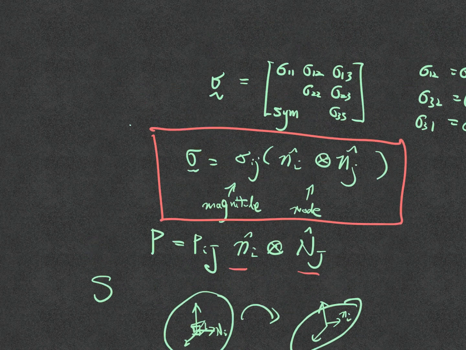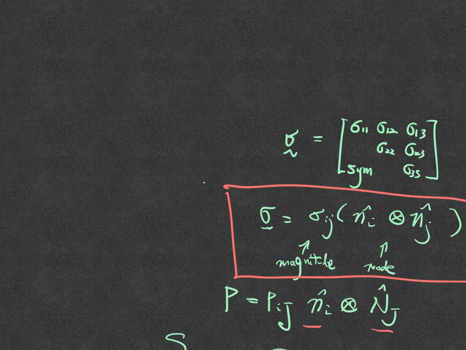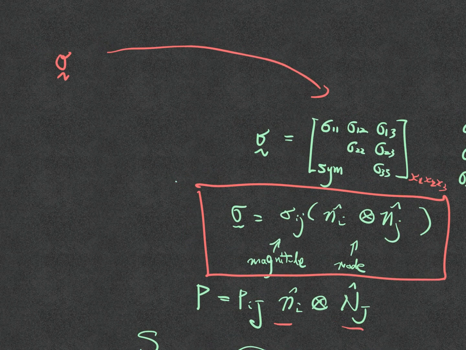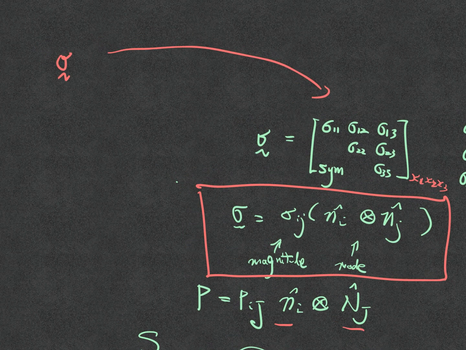Now let's go back to this. If I want to represent the stress, one choice I have is to write down all the stress components in some coordinate system. In some literature, I would write x1, x2, x3, just to remind people that this matrix is used to represent the stress components in the x1, x2, x3 coordinate system.